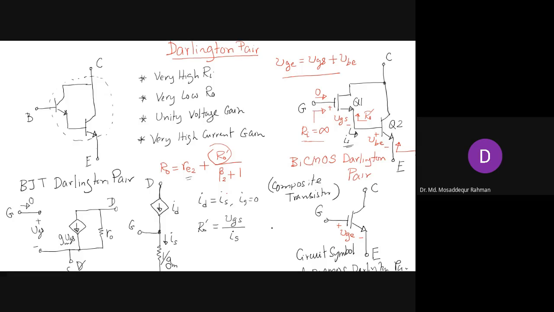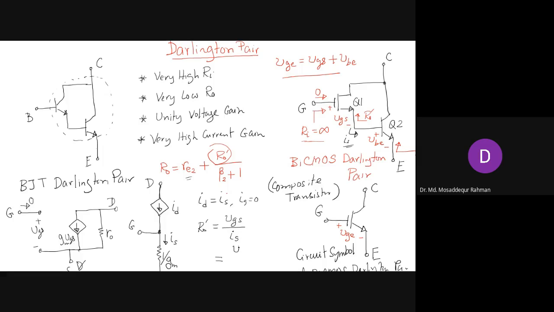That is the definition, voltage divided by current. Source current is IS, and the voltage between gate and source is VGS. So that's the simple application of Ohm's law.